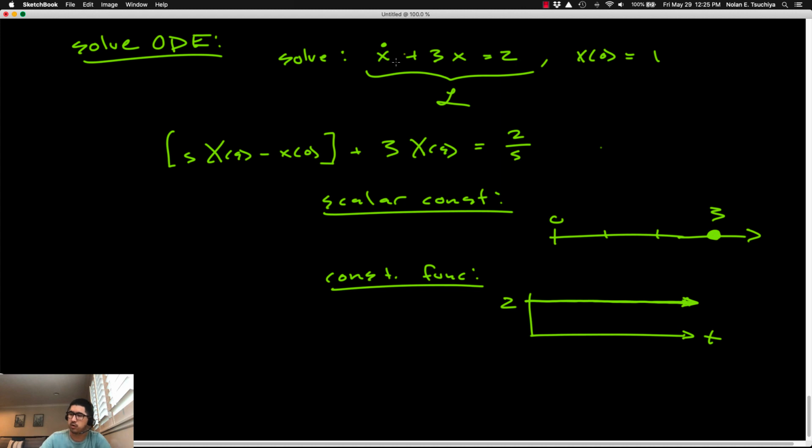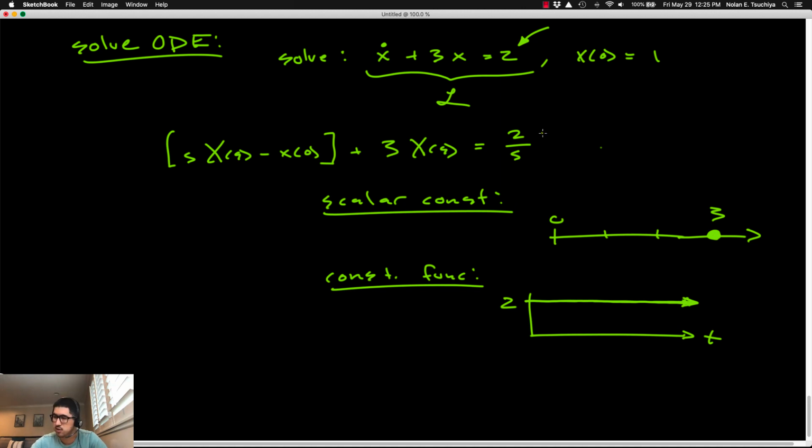Now you may be wondering, how do I know if it's a scalar constant or a constant function of time? Generally, I'll tell you, or it'll be clear in the problem statement. But another way to know is that for a differential equation written in this standardized form, the forcing function is always on the right-hand side. This is the non-homogeneous part of the equation.